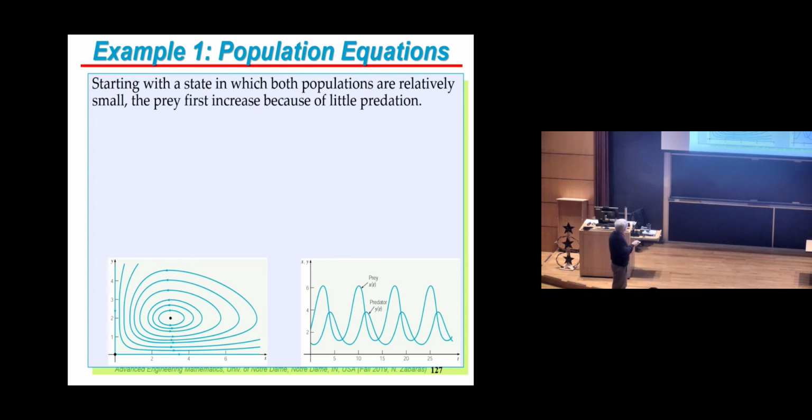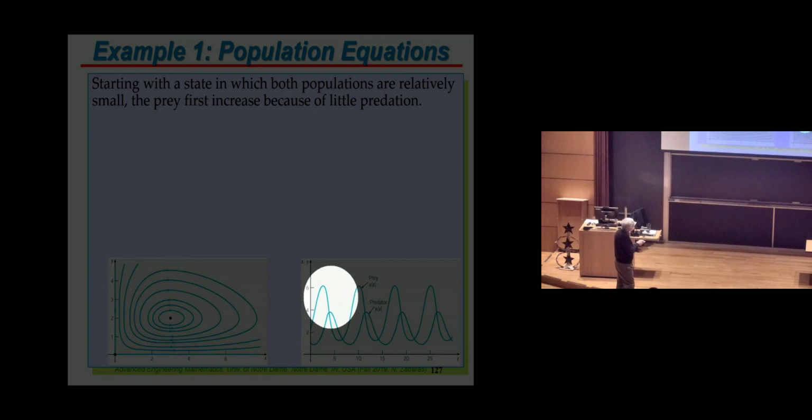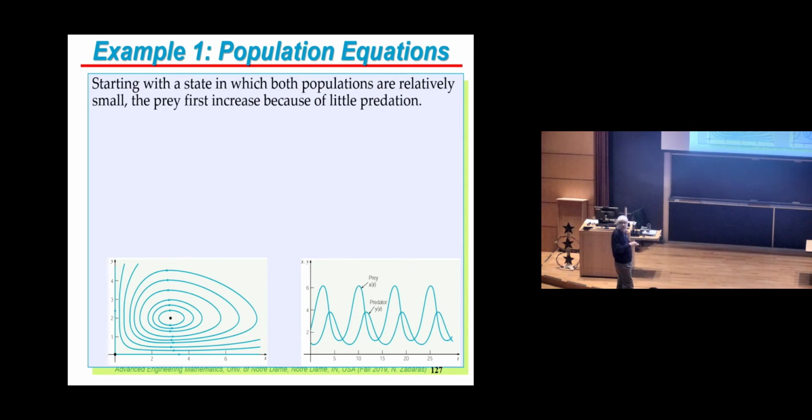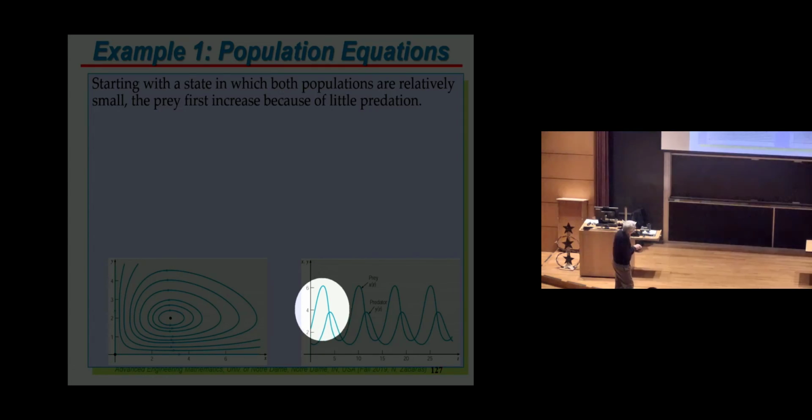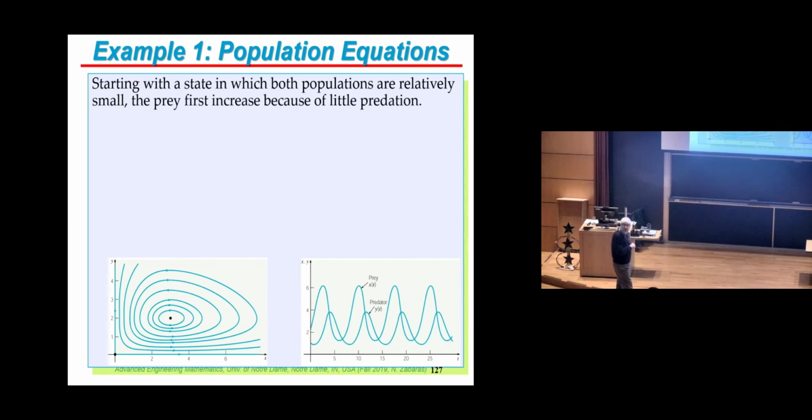Now, as the prey increases, there's more food for the predator, so the predator starts increasing as well. But the more the predator increases, the more it will eat of the prey, so the prey population will have to go down. And then you are coming back to the same oscillation. So the two species are happy together. They eat each other, and the cycle of life continues.